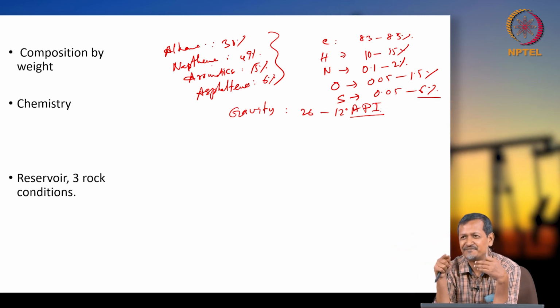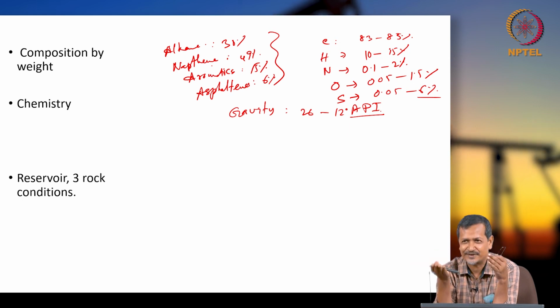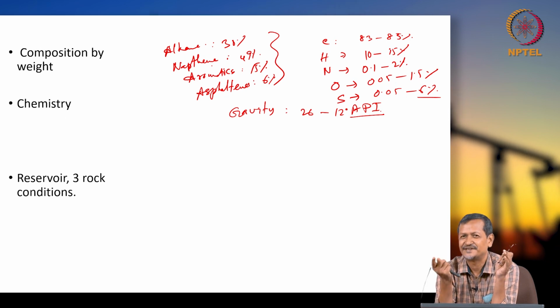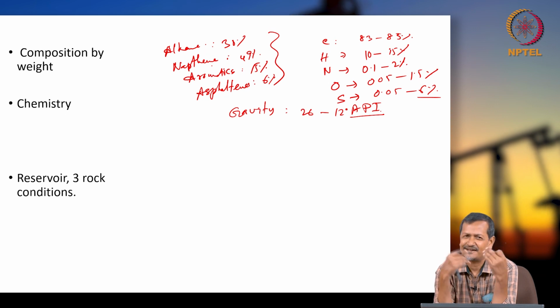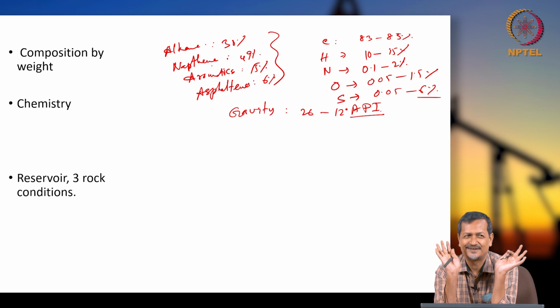Whenever I get data in feet, 10,000 feet, 5,000 feet, my mind quickly works: divide by 3, approximately this. 10,000 divided by 3 is around 3 kilometer, not exactly, but by thumb rule I can use it.